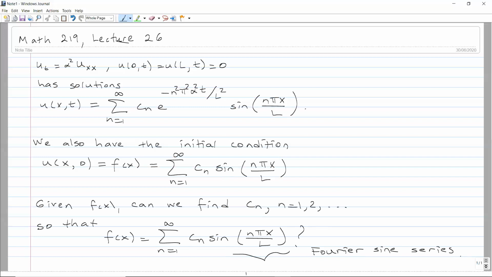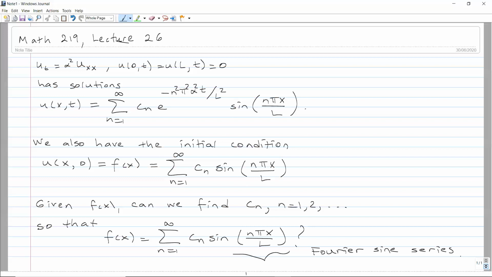Instead of sine, you may have cosine, or you may have both, depending on the boundary conditions. But for these particular boundary conditions, we get the sine function. So now we consider this problem: given this function, can we always find the constants Cn?